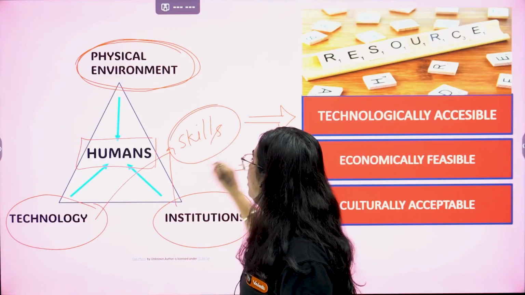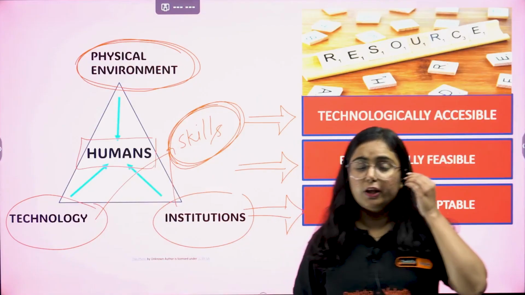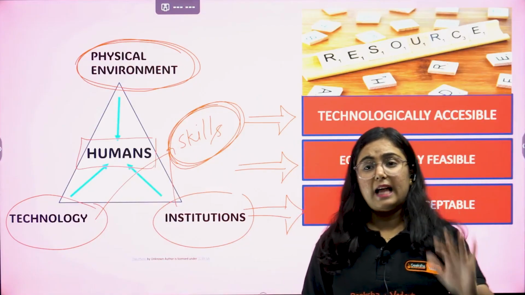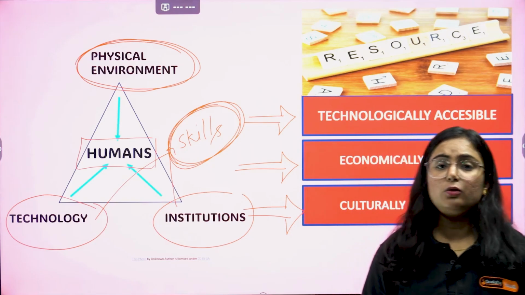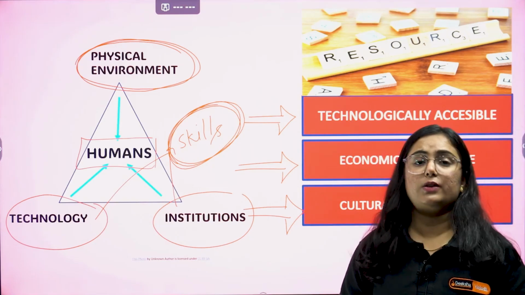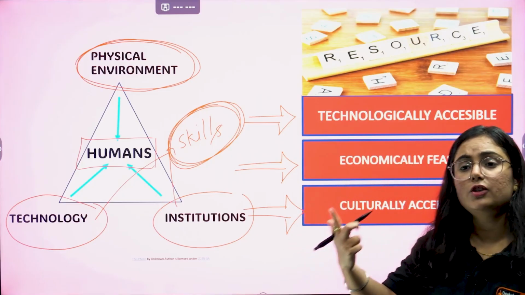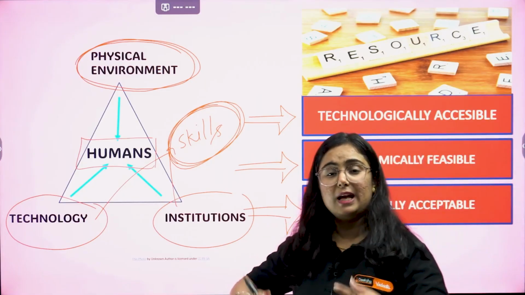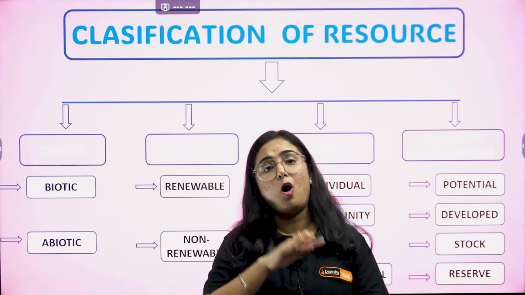Human beings have added their skills with the help of technology and institutions and converted that thing into a useful thing, and that is referred to as a resource. These 3 things, physical environment, technology and institution, make an object a resource, and this can only be possible with the intervention of humans.